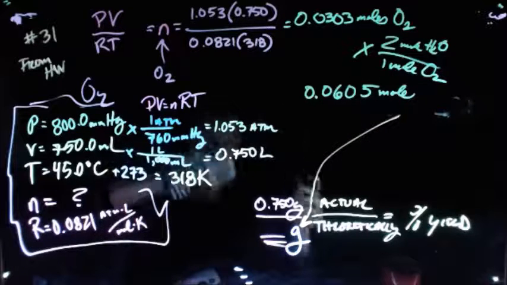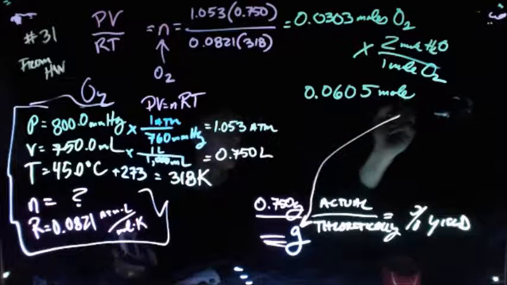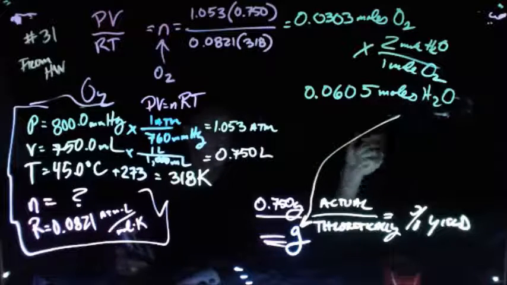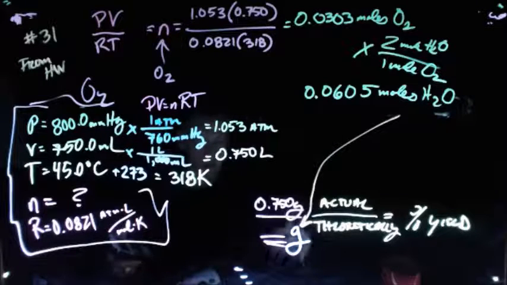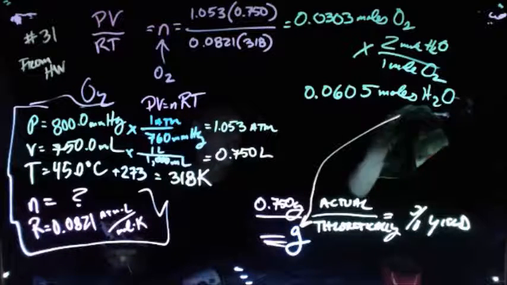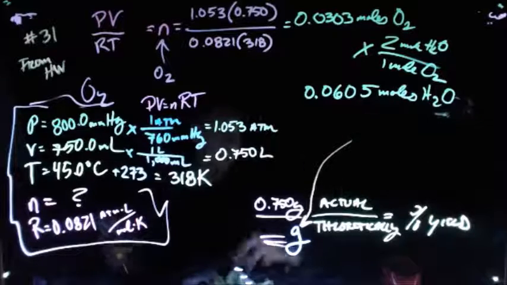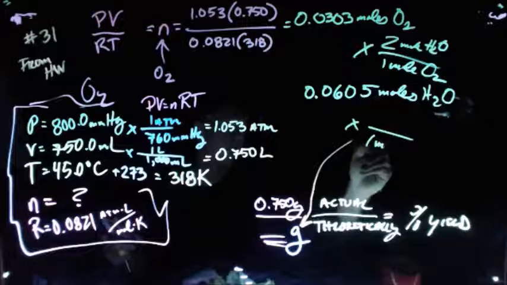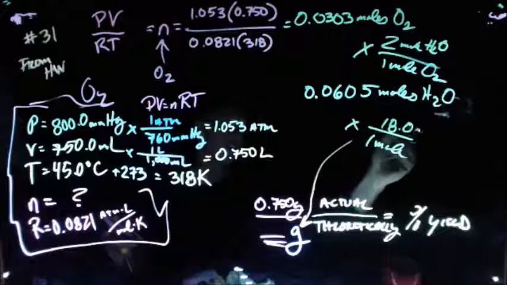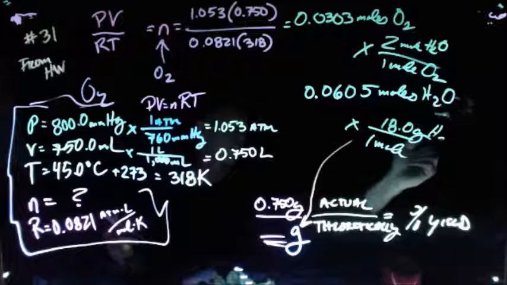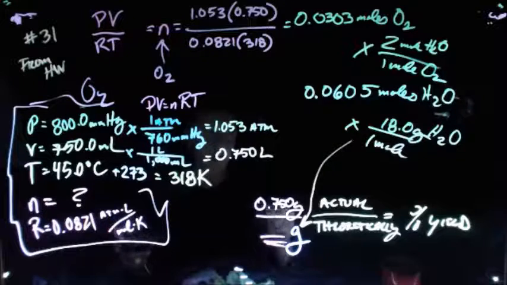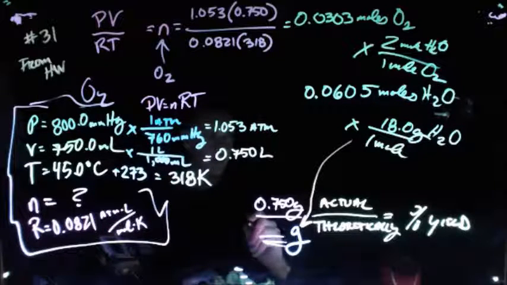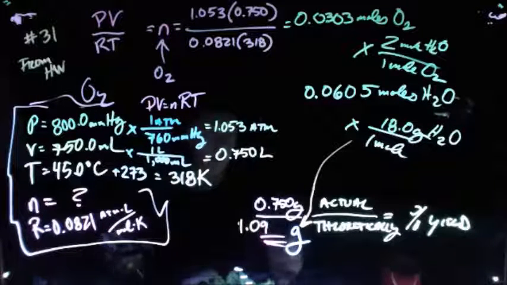I kept the unrounded number in my calculator. So that's moles of water. And then we want to convert that to grams of water. Water is 18 grams per mole. So I'm going to multiply by 1 mole for every 18.0 grams of H2O. And we get 1.09. So our theoretical yield was 1.09 grams of water.